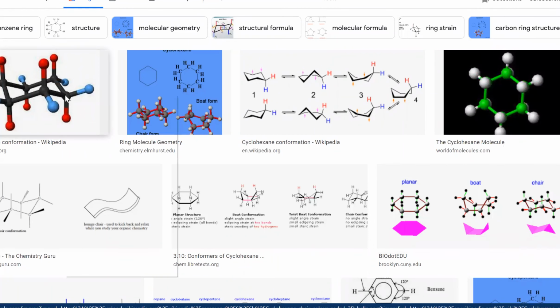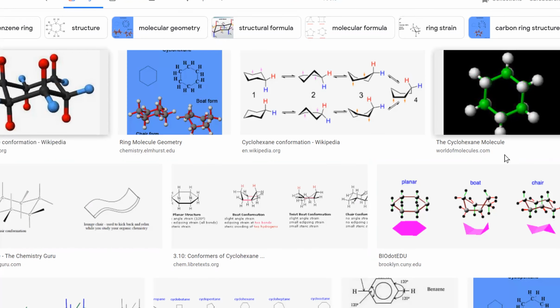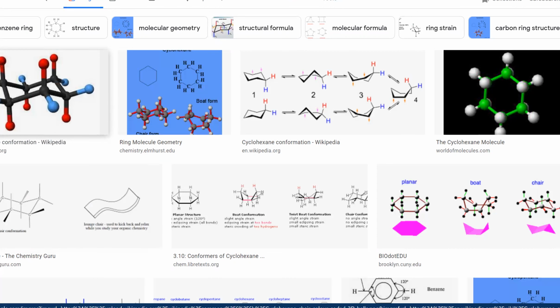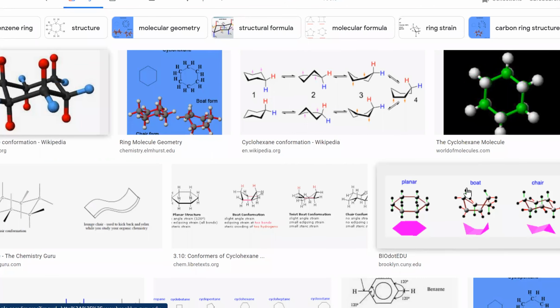Even this one. Both of them are chair shaped. Just a second. And this one.